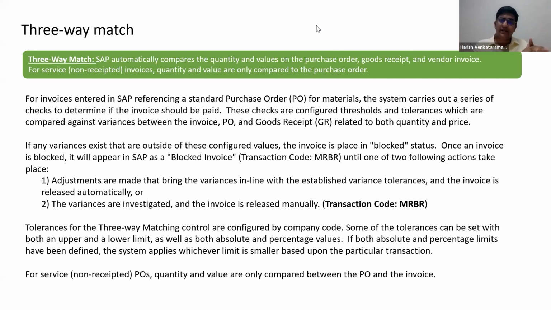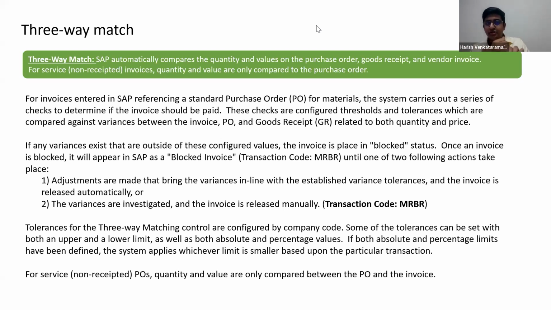Any configuration done through SPRO, you can navigate through the GUI, go into the respective module, and take screenshots or look at what configurations are there. Or if we know the table, or by Googling, we identify the table that stores the same configured information, that is also possible by navigating to the transaction code SE16.